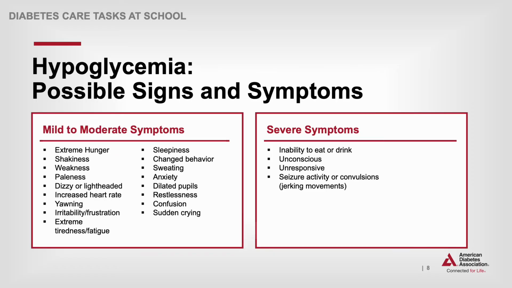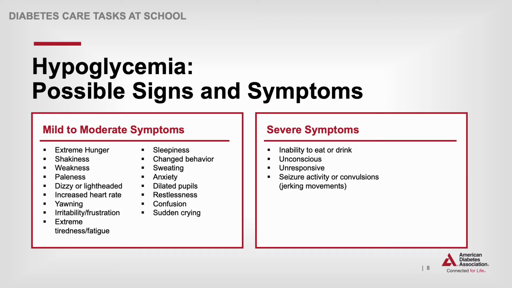The symptoms of hypoglycemia vary from one individual to another. Also, they may vary for one individual from one episode to another. The symptoms of mild to moderate hypoglycemia are the first alert that the body is in a state of sugar deficiency.